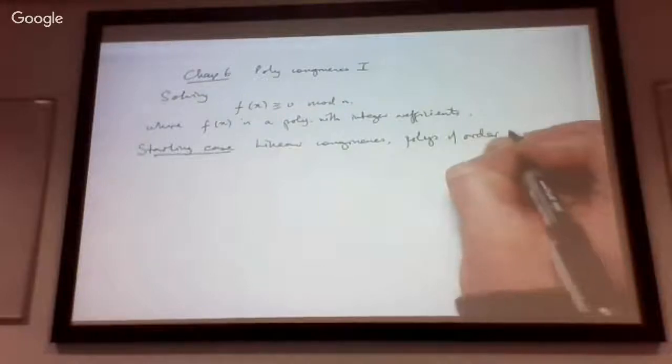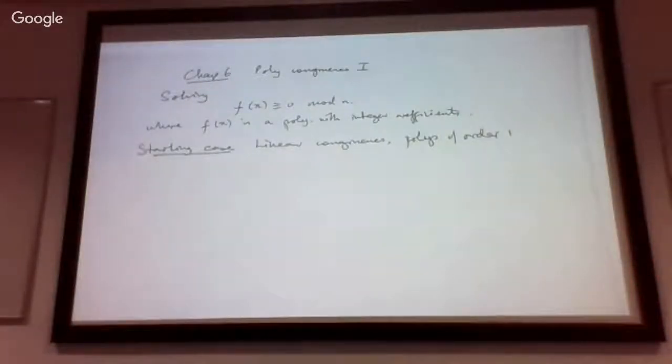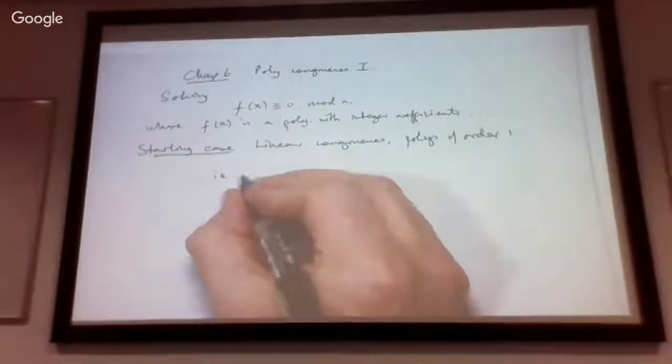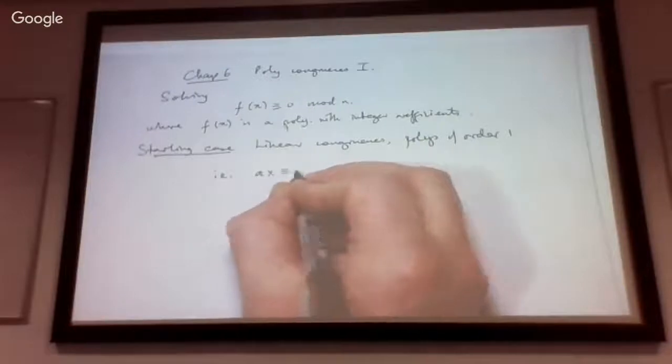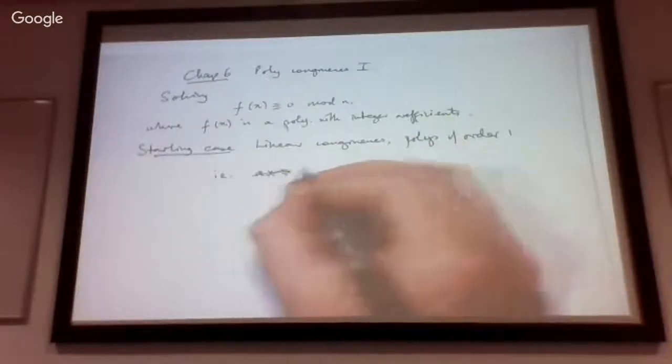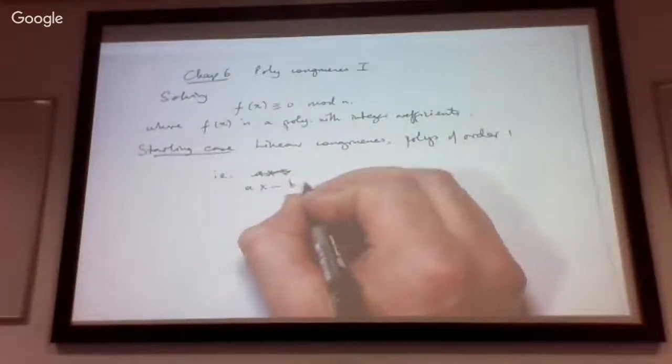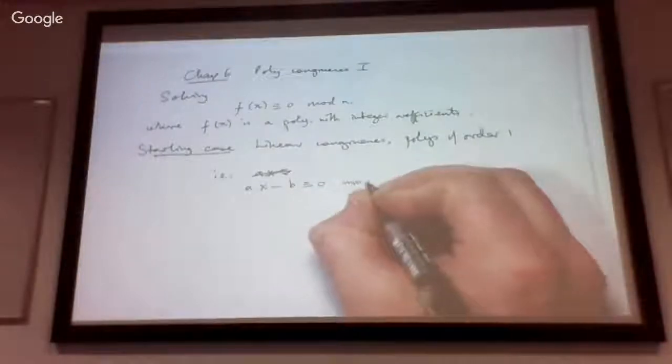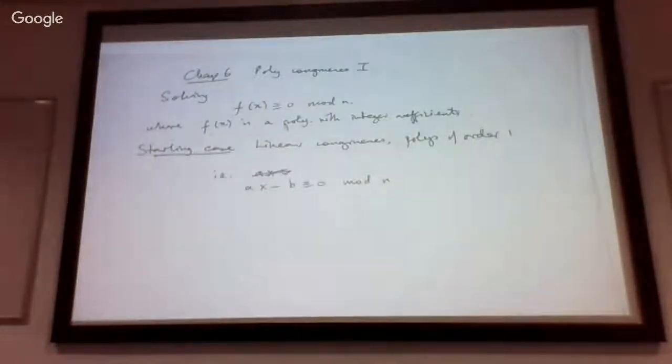Order 1 means the largest power of x that appears in the polynomial is just x itself, x to the power 1. So these look like problems like ax minus b congruent to 0 modulo n, or ax congruent to b modulo n. So we're trying to solve these things.